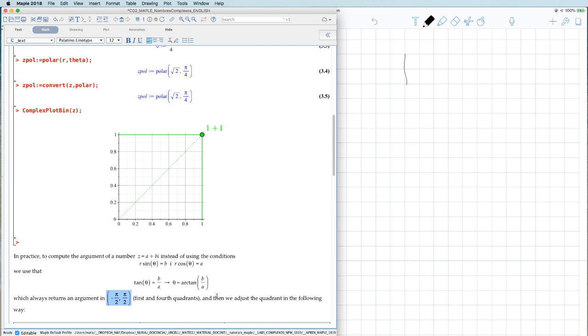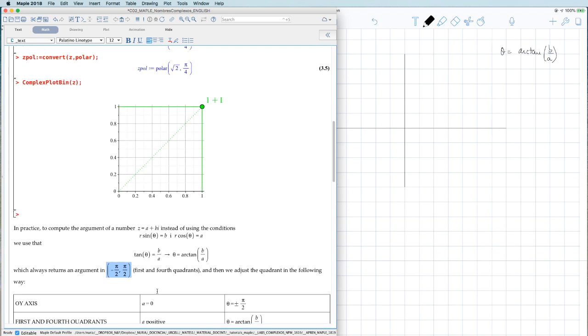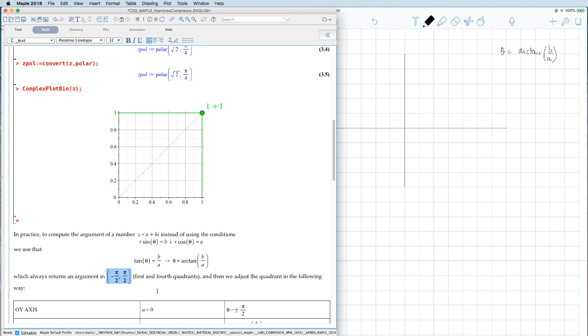So here we have this plot. Okay, so we have a and b, and we compute the arctangent of b over a. Okay, so in this case, if a is equal to 0, so if we are like in here or in here, we have that if we are in this case, the argument is going to be 90 degrees.